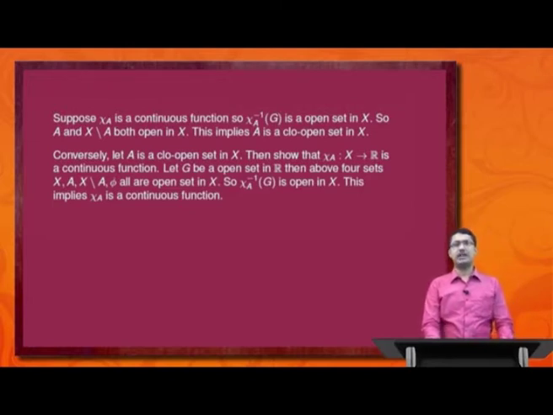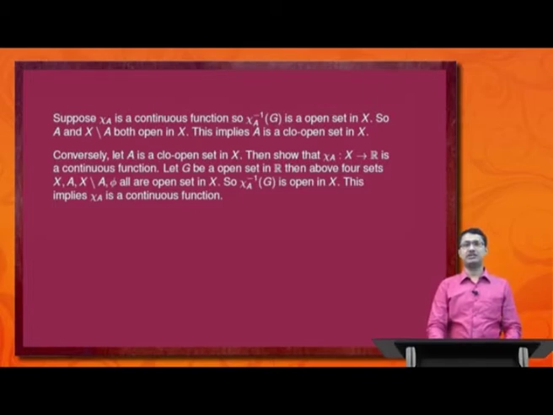So X, A, X minus A and phi are all open sets in X. So chi A inverse of G is an open set. This implies chi A is a continuous function.